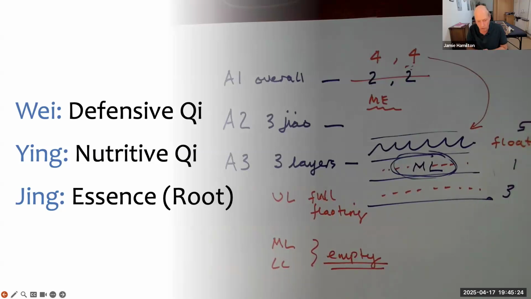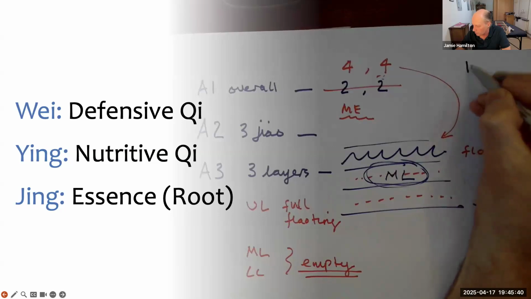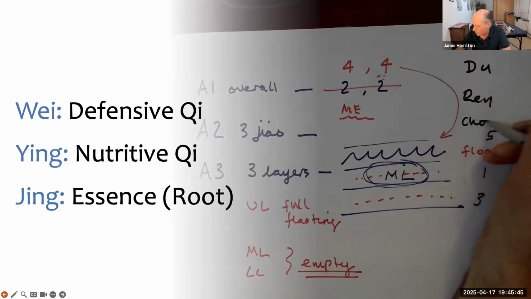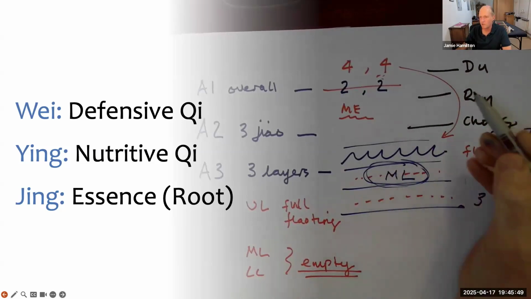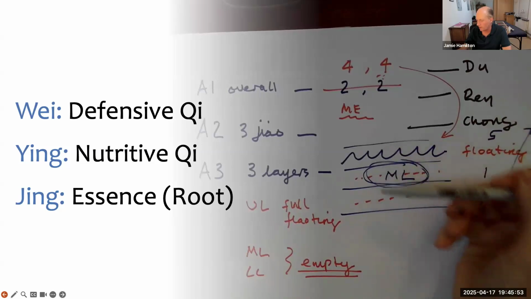And furthermore, as you will see next time, this feeds almost exactly into the first of the 3 extraordinary vessels that we will do, which are basically the Du, the Ren, and the Chong. So the understanding of these layers relates to these 3 extraordinary vessels found in the 3 layers.